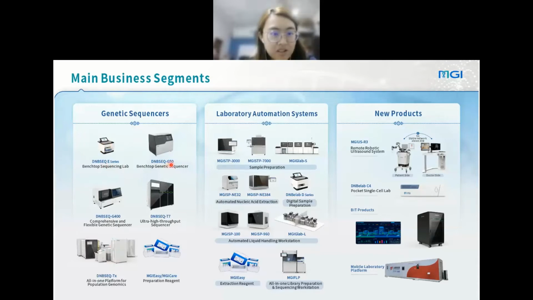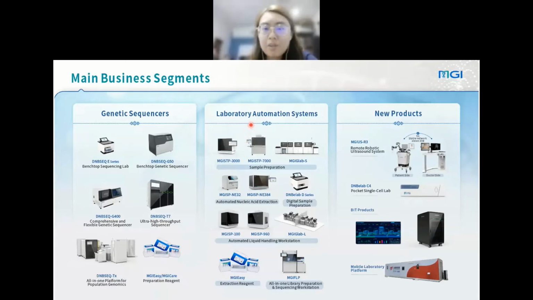The G50 is a low throughput sequencer, G400 is medium, and T7 is a high throughput sequencer. And then this TX is even higher than the T7. And of course, with our genetic sequencers, we do provide solutions for sample extraction to library preparation and all that.